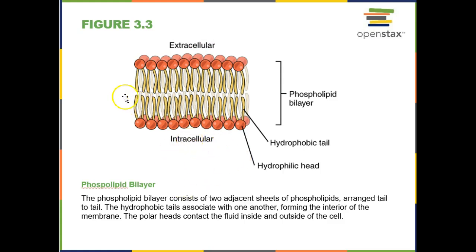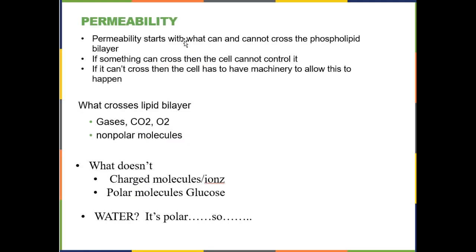So what you basically have is a hydrophobic barrier, or an oily barrier, in between two watery environments, your intracellular cytoplasm and your extracellular fluid. It is the phospholipid bilayer that sets the baseline permeability for the cell, by which I mean if something can cross the phospholipid bilayer, then the cell can't control whether or not it crosses it.